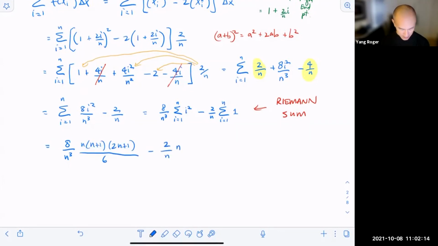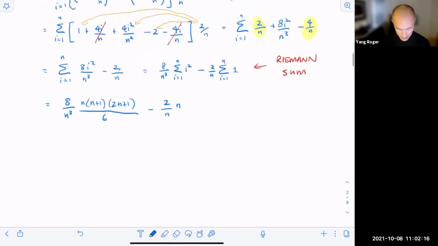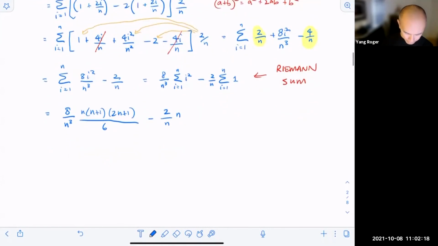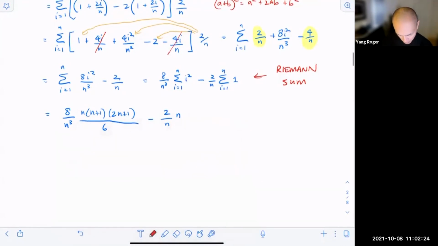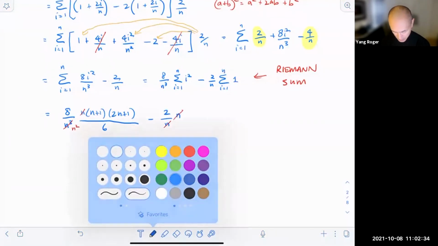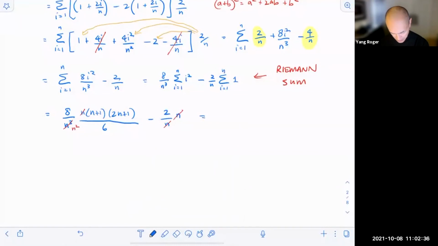So this is our Riemann sum. And I can do a little bit of simplifying, right? Because if I have one n here, I could cancel out n squared there. This n and this n cancel each other out. So in the end, my Riemann sum looks like this.